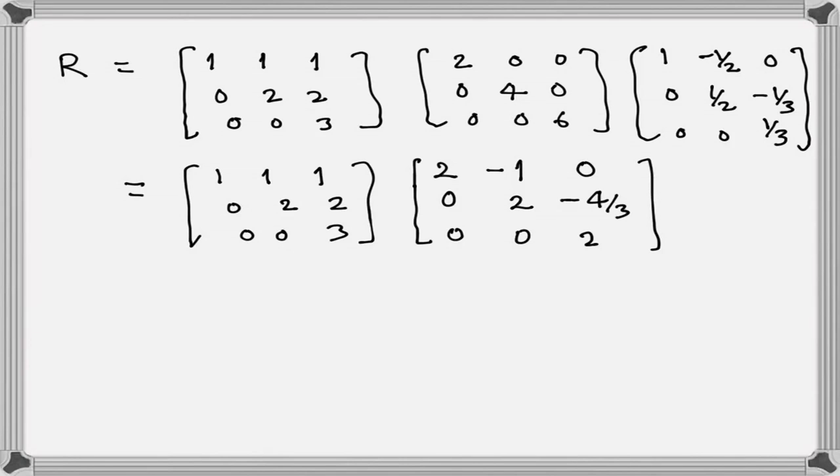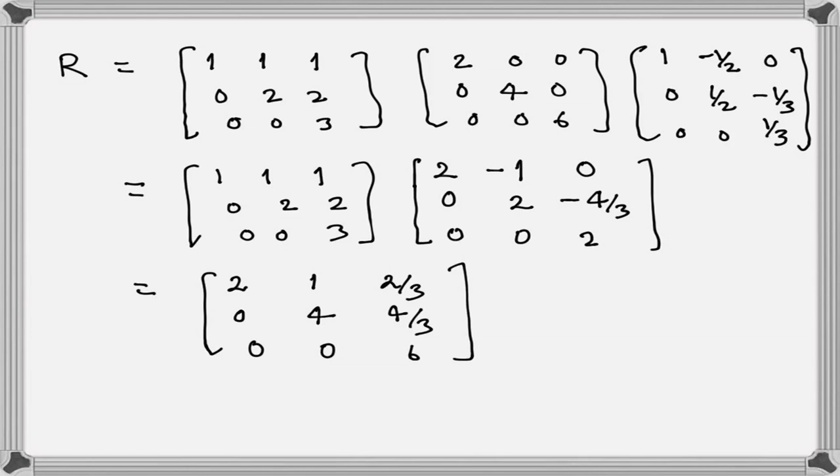All right, so this is what we get. Now let's multiply this again. We get 2, 1, 2/3; 0, 4, 4/3; 0, 0, 6. So this is the R matrix.